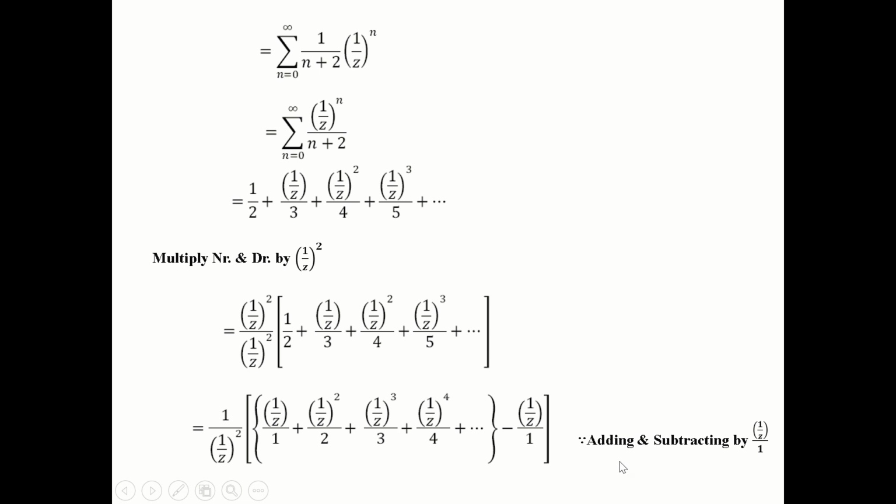Because we know the formula: minus log(1 - x) is equal to x + x^2/2 + x^3/3 + etc. So we are going to use that formula. That is why we made the adjustment like this. So it is equal to 1/z^2 times minus log(1 - x).